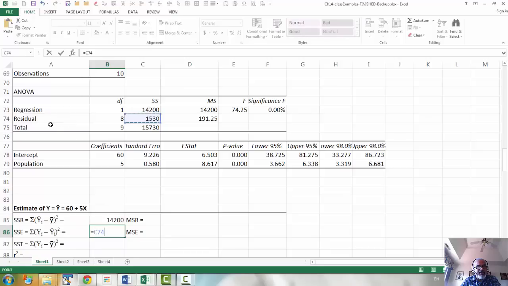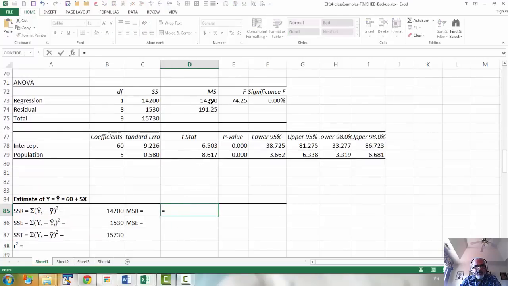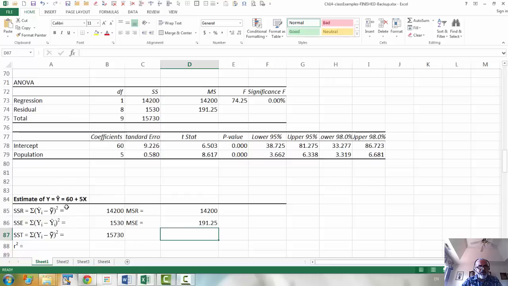So Excel calls it residual. Residual is another name for error. So that's SSE. Now SST is of course that. So you note that these numbers are exactly same as we saw previously, and the mean squares are here. So mean square, that's our MSR, and our MSE is right there. So we'll get to F and other things later on.